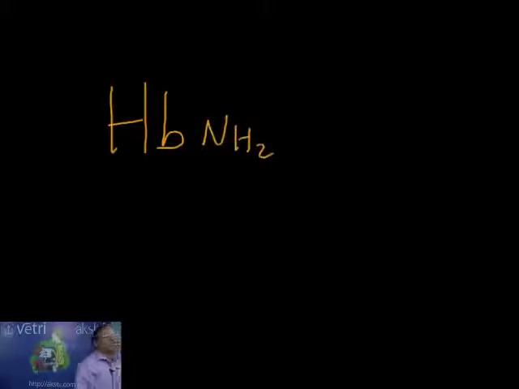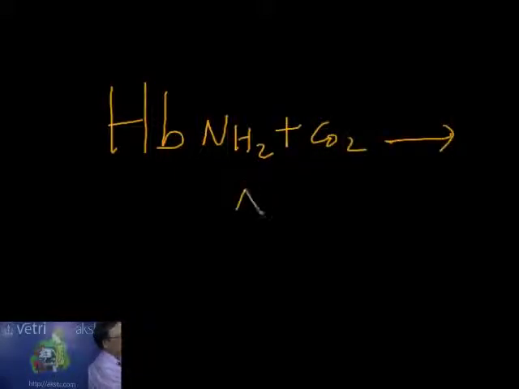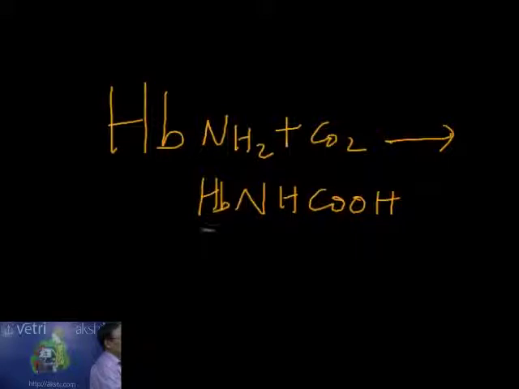All the amino acids have the amino group, either one or two, and it combines with carbon dioxide to form what is called the carbamino compound. This is the carbamino compound by which carbon dioxide is transported.